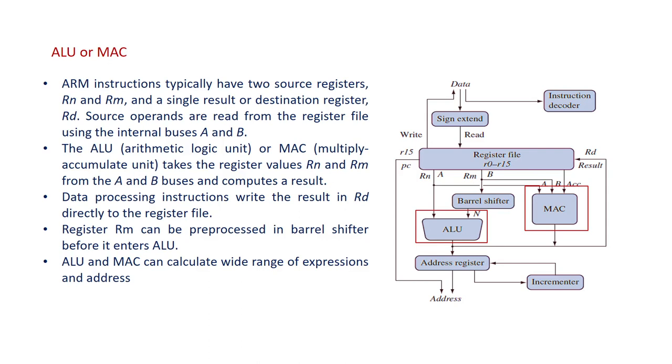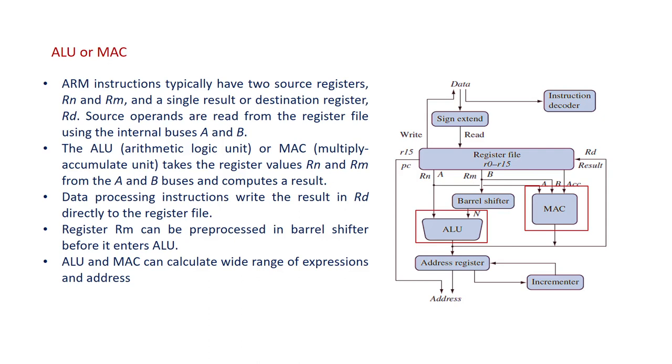ALU or MAC. ARM instructions typically have two source registers, RN and RM, and a single destination register, that is RD. Source operands are read from the register file using the internal buses A and B. Here R15 is considered as the program counter.